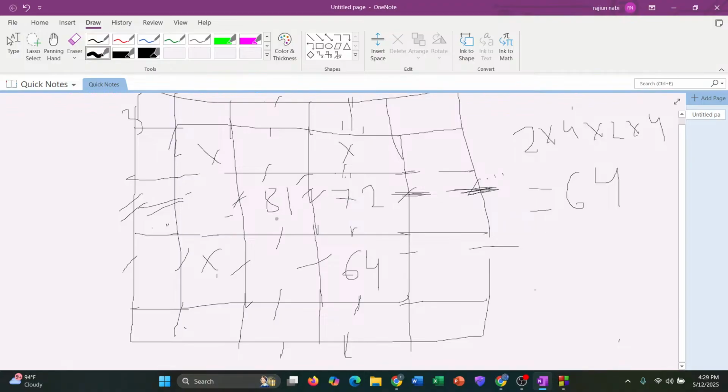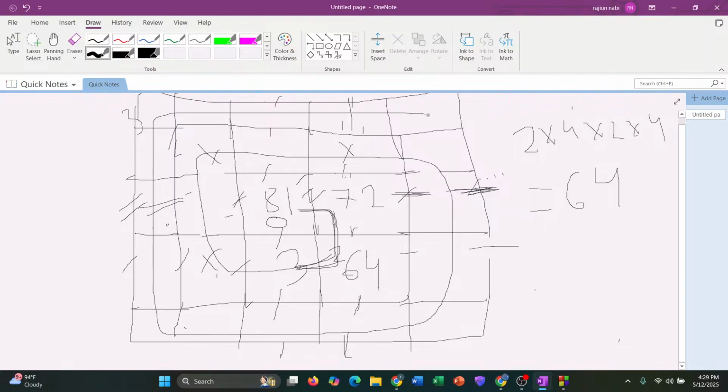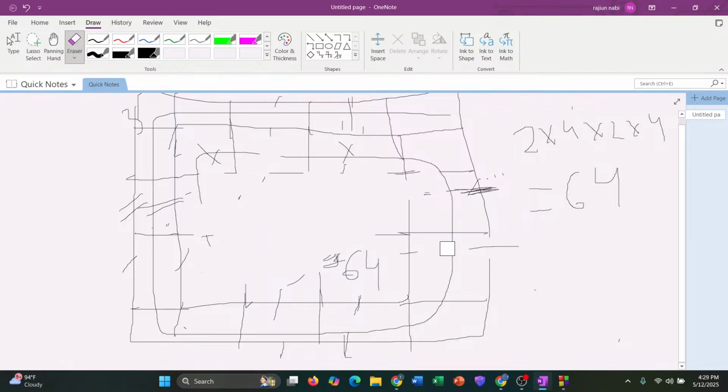This is why we choose 0 here, 1 here, 2 here, and 3 here. By doing this, we can see it goes in a spiral pattern, right? We have to go like this. So this is the solution of problem C.